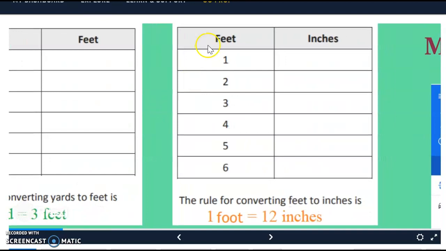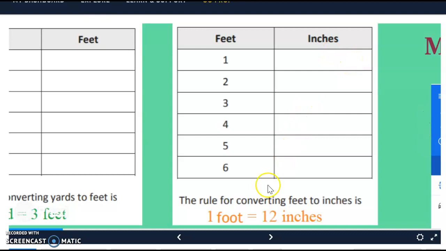For conversion from feet to inches, the rule is 1 foot equals 12 inches. So for every foot that you have, you multiply by 12 to get to inches. Another reason that you need to practice your multiplication facts, your hashtags, is that you're going to need it every year in math, and other things too.